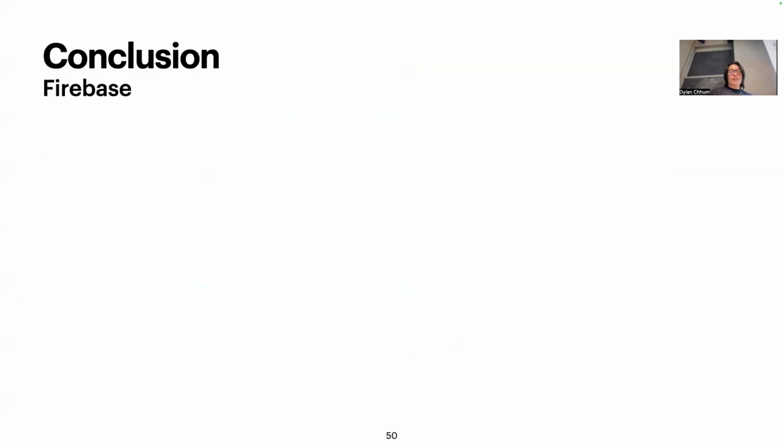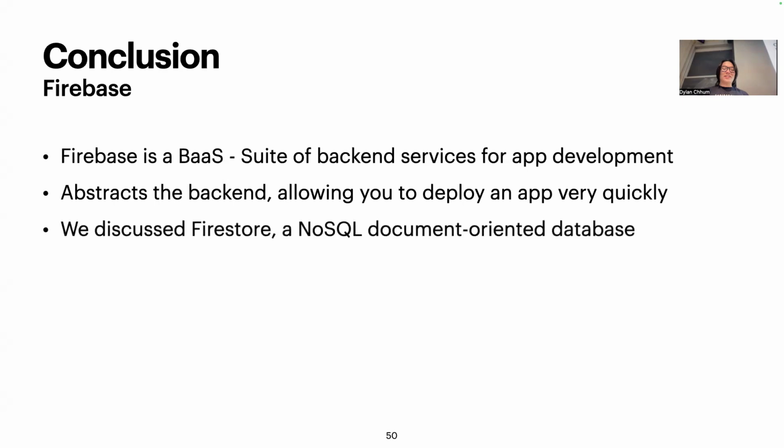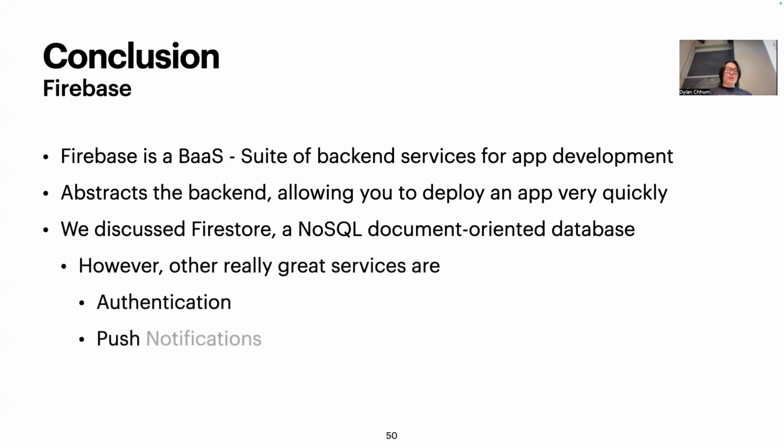So in conclusion, we talked a lot about backend services, essentially what the backend does, talking about Firebase, what Firestore is. The only thing I can really say for a conclusion is the difference between using Swift Data and Firebase. It depends what you want.